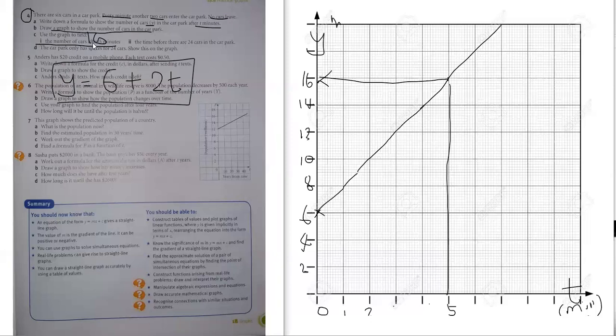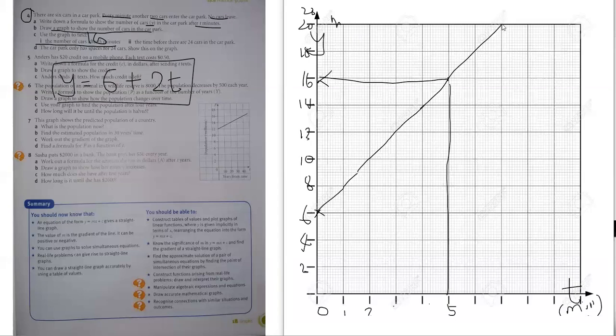So that is the answer for part (i). (i) is 16. Okay, the next question says the time before there are 24 cars in the car park. If the question now asks for 24, my graph is not enough to show you. If your graph is accurate, you just go up 18, 20, 22, 24, and so on.